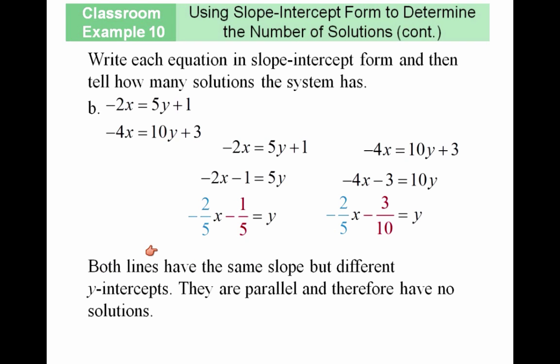Both lines have the same slope but different y-intercepts, so they are parallel lines. Therefore, there's no solution. They're still independent, though, right? They're not dependent because they are two different lines. So they're independent, but no solution means inconsistent, right? There's no solution, inconsistent.